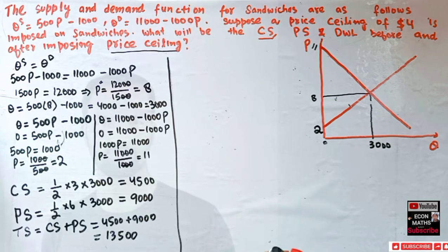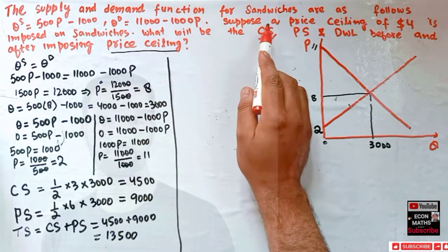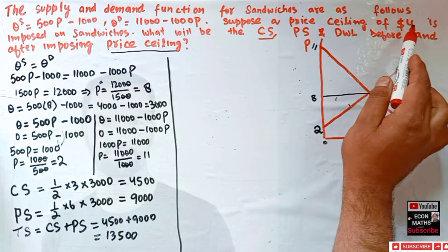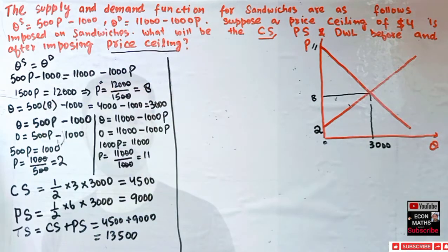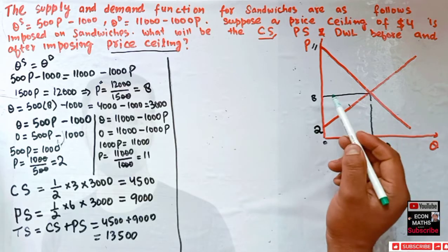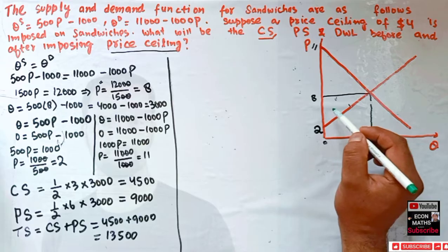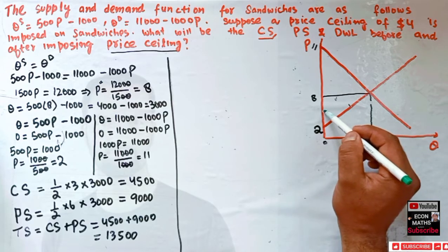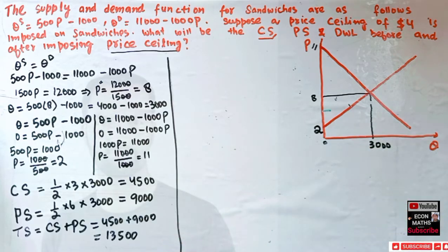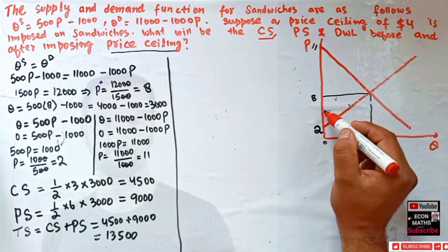Now we have the price ceiling. The question says that suppose a price ceiling of $4 is imposed. Equilibrium price was originally 8, so let's draw this price ceiling of 4 clearly here.